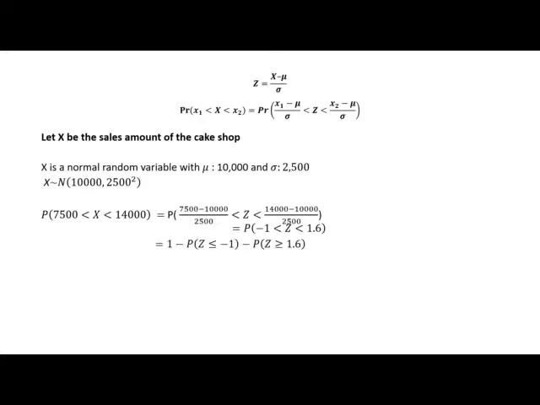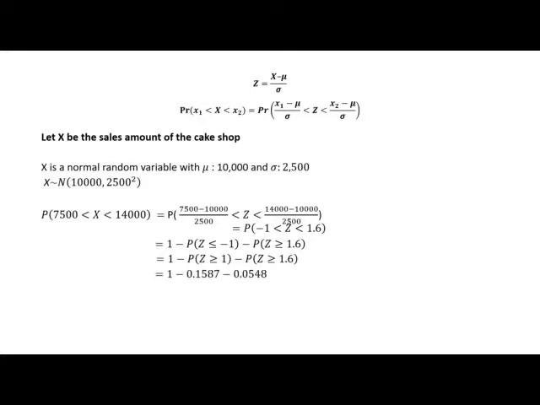Then we can use 1 minus the probability of z less than or equal to -1 and minus the probability of z larger or equal to 1.6. Because the curve of a normal distribution is symmetric, z less than or equal to -1 is equal to z larger or equal to 1.